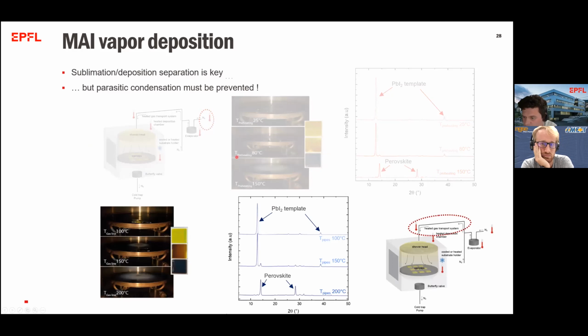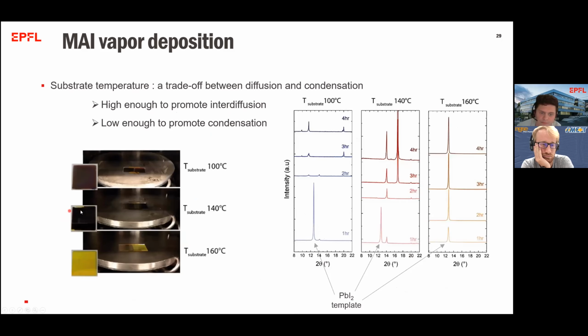Similarly, you can tune the transport temperature, and a similar thing occurs. So we remove the possibility of the methylammonium iodide parasitically condensing and transport that then onto the samples, and finally we manage to get a perovskite if the piping temperature is high enough.